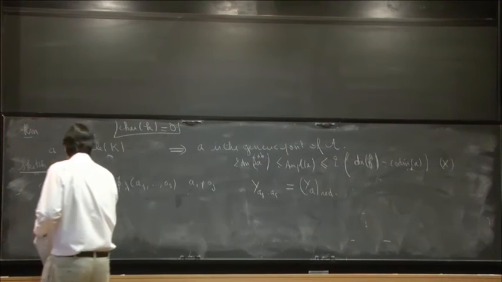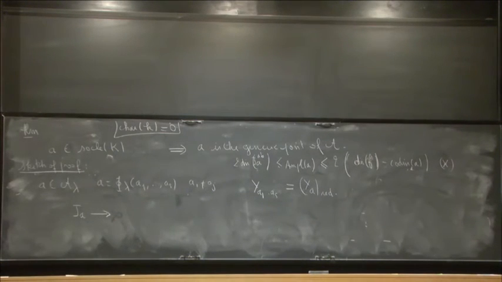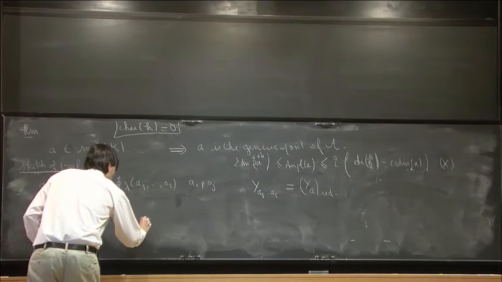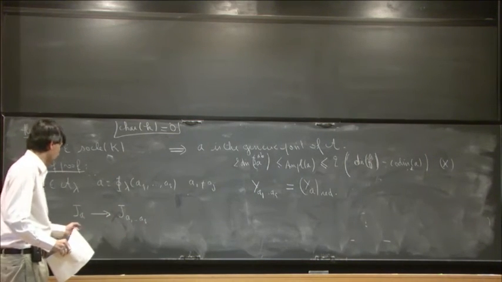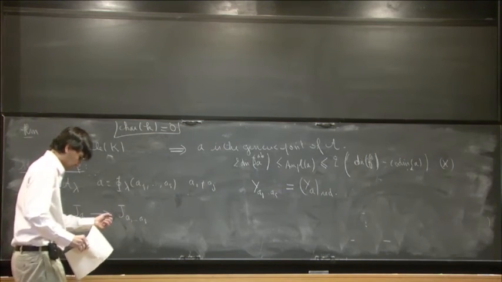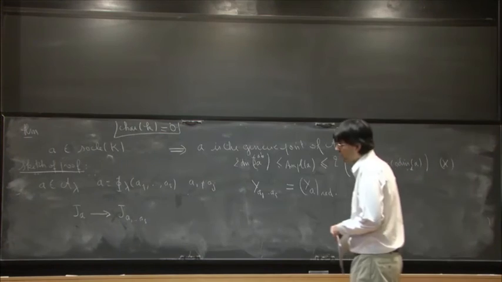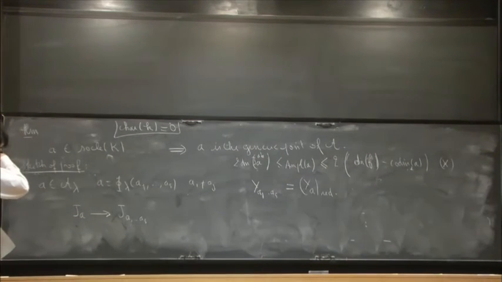So I have a first map from JA to J of a1 to as. So I restrict to the reduced locus. I get a morphism between my commutative group schemes, which is surjective with affine kernel, in fact with a unipotent kernel.